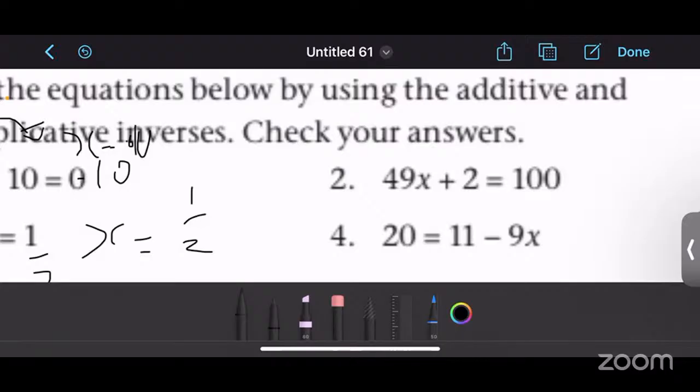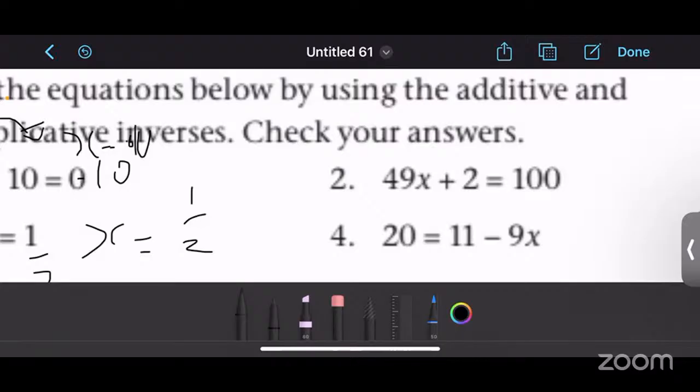Why are we having 20 plus 11? Which route? It's because the equal sign is on the right, left.